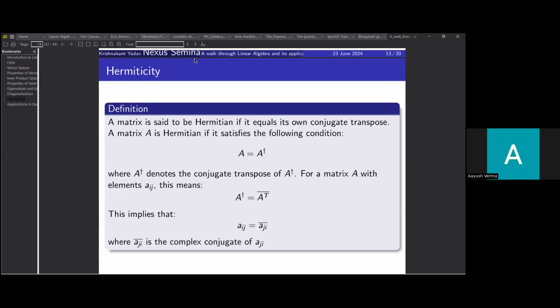Can you go to that page? Put it on slideshow, it will be easier to move. I just wanted to point out that it was not completely equal. You did not conjugate it. It was just transposed. You had to conjugate it.